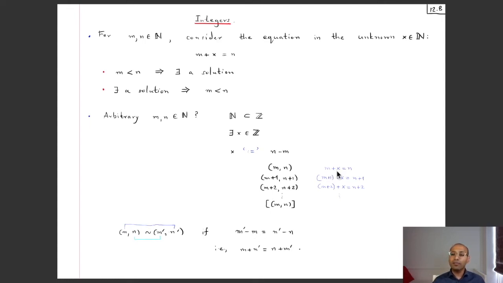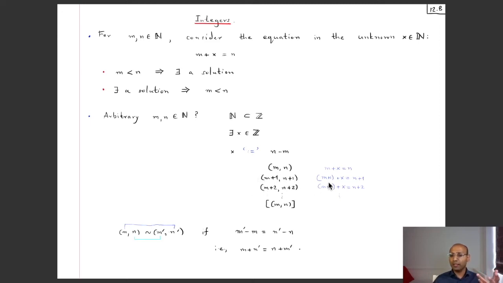But then if we think of this x as an ordered pair, then that same x should also be associated with this equation, because to this equation if I add 1 on both sides, then I get m plus 1 plus x is n plus 1, and the same x should do the job because this equation is just obtained from this equation by adding 1 on both sides. So this x should also be associated with the pair m plus 1 comma n plus 1. So as an integer, this ordered pair should be indistinguishable from this one.